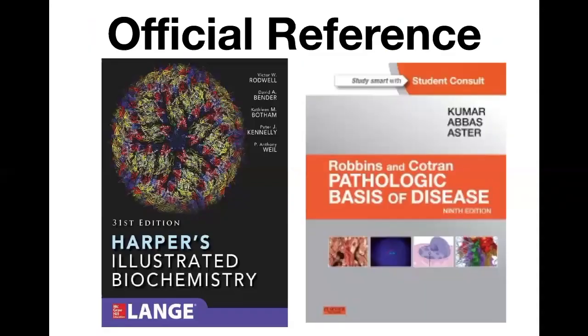Now, these are the official references that I'll be using. Number one, the 31st edition of Harper's Biochemistry. Then I'm also giving supplements from your Robbins Pathologic Basis of Disease, 9th edition.